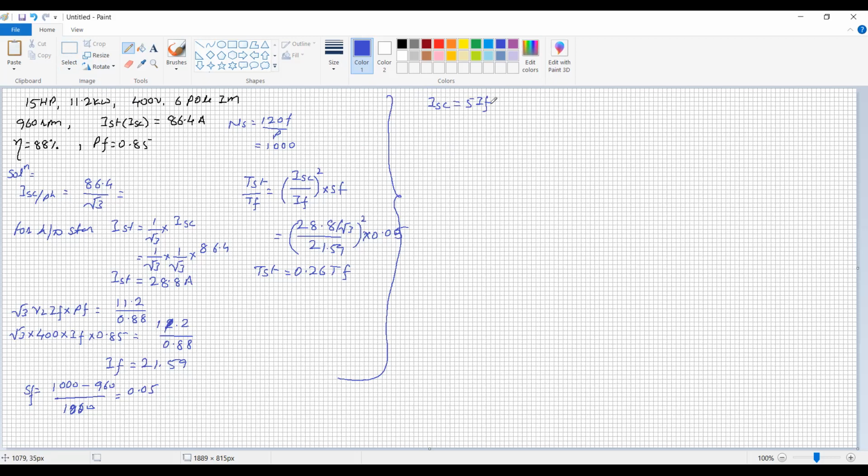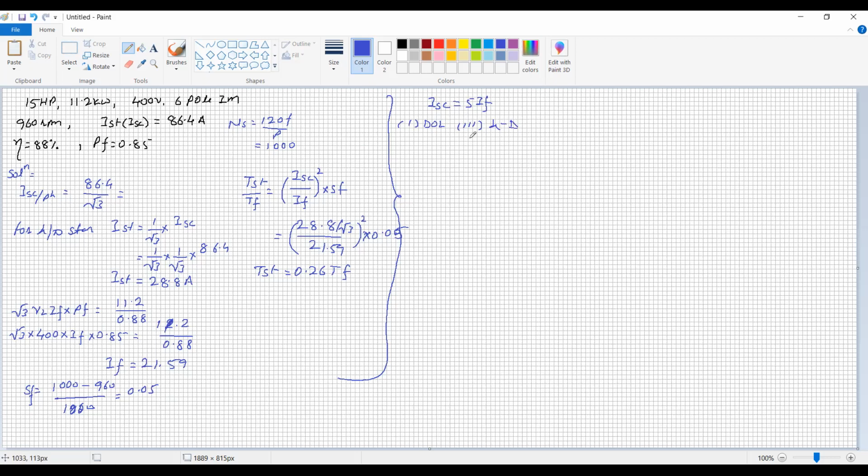Find the starting torque as a percentage of full load torque if the motor is started by direct switch to supply. Means here first method is the DOL, direct online starting. Second, star delta starter.